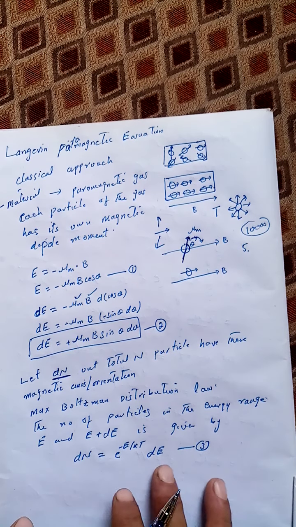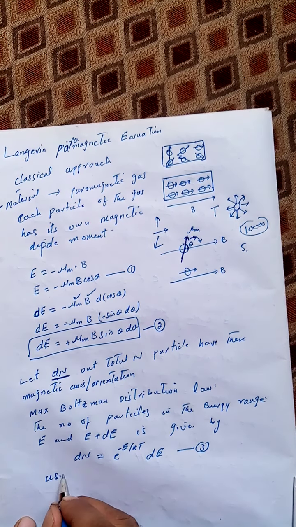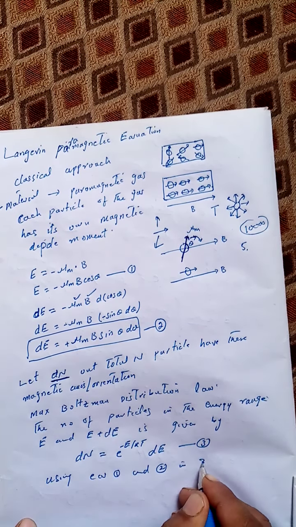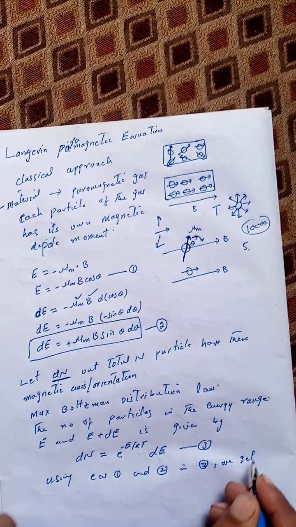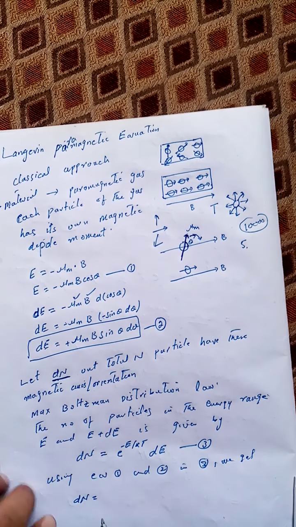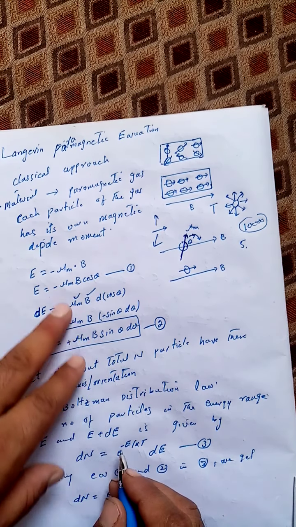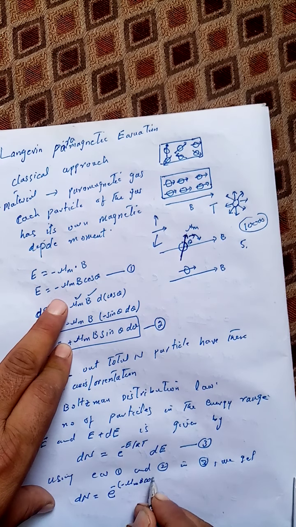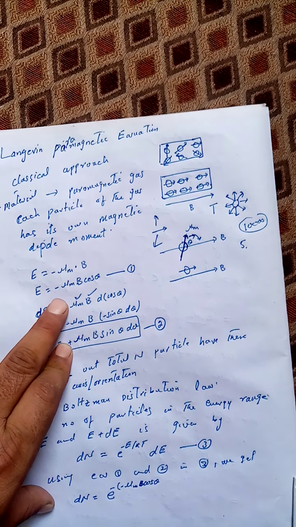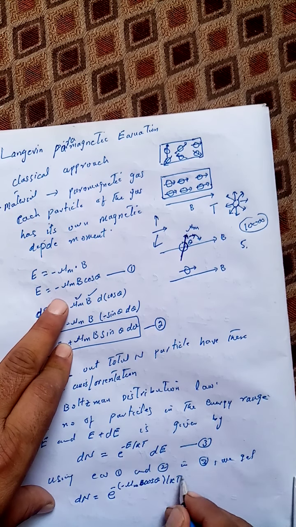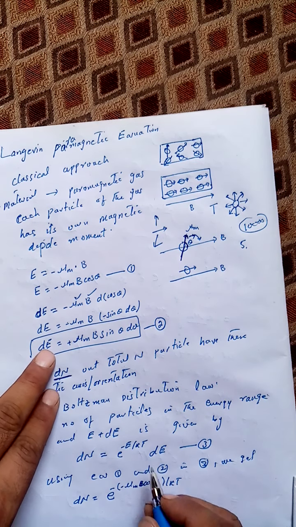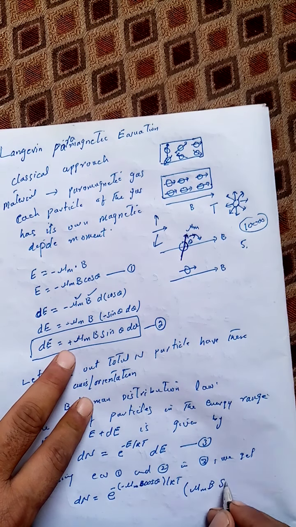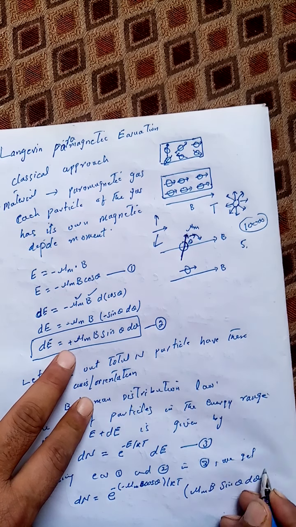Now using equations 1, 2 and 3, we get dN equals e raised to the power minus E, and E has this value, minus mu m B cos theta, over kT, and then we have dE, which is mu m B sine theta d theta.